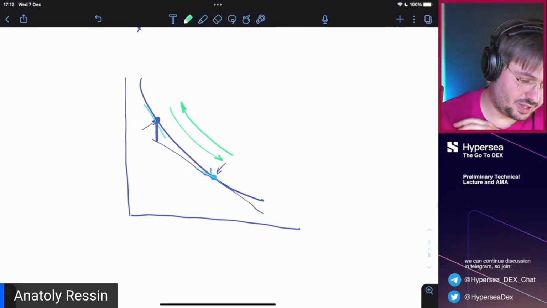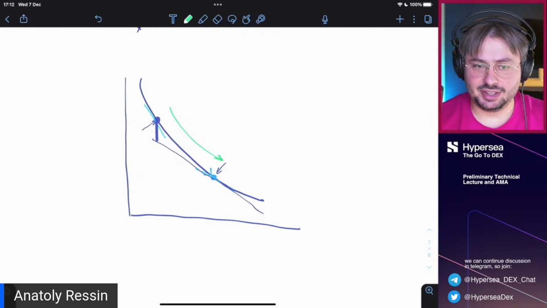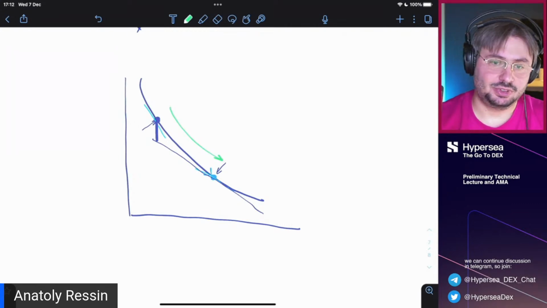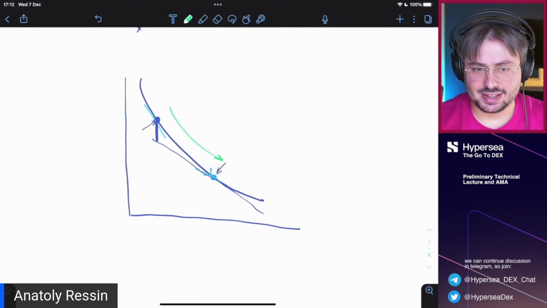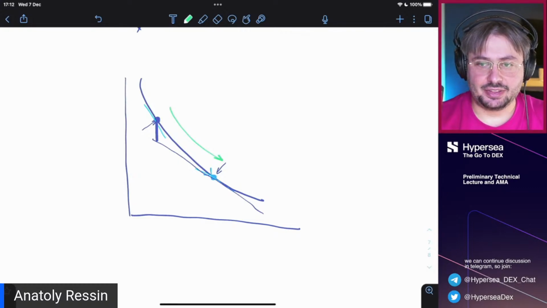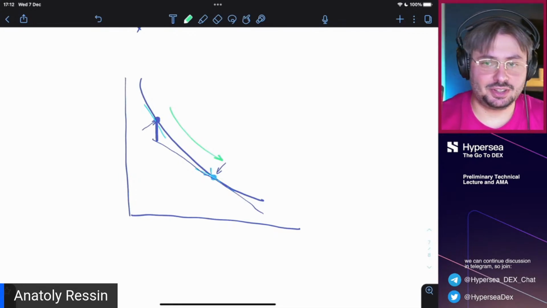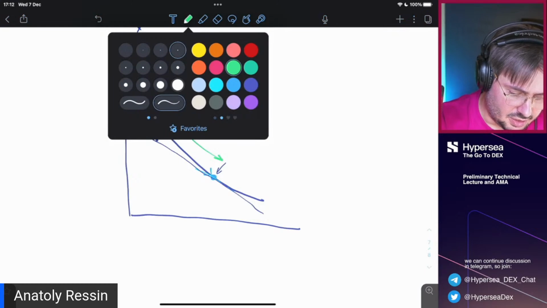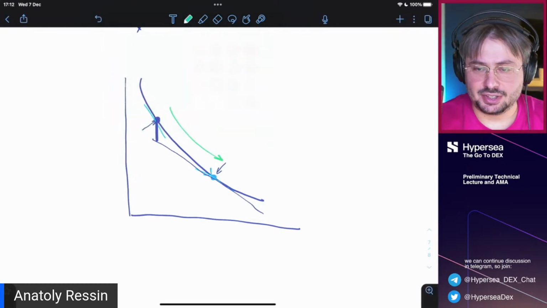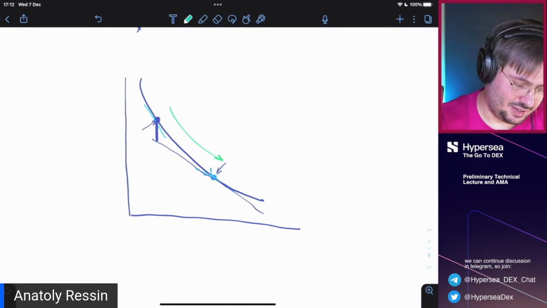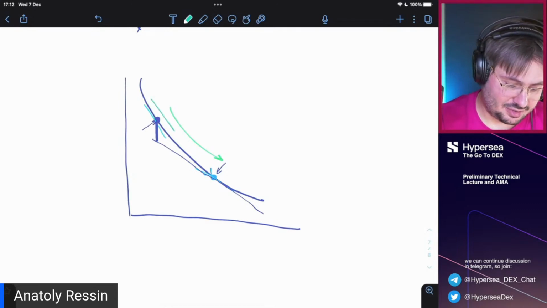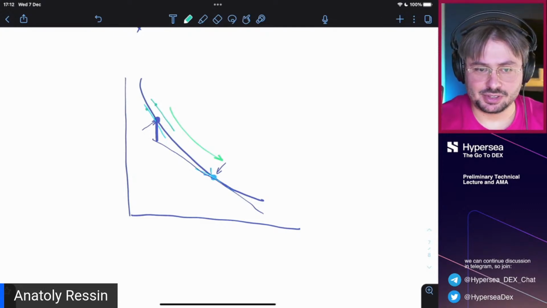But what will happen if somebody moved us in a different direction, and another user is not moving us back, and now the Oracle started to show another price, and maybe this price is slightly different than this one? So these two things are different.